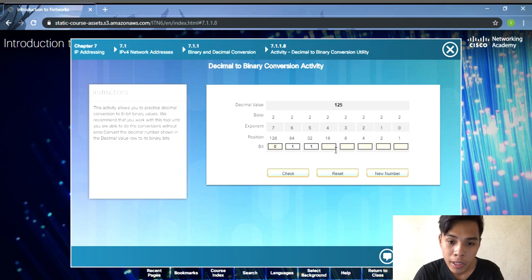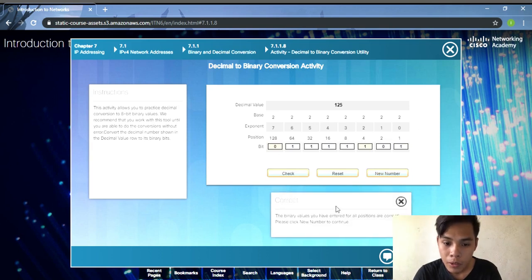We can subtract 16 from 29, let's put 1 here. 29 minus 16 is 13, so 13 minus 8 will be 5, so put another 1. 5 minus 4 will be 1, so let's put another 1 here. So the remaining value is 1, so 1 minus 2 will be negative 1, so put 0 there. 1 minus 1 is 0, so we'll put 0. So let's check. Correct, the binary values you have entered for all positions are correct.